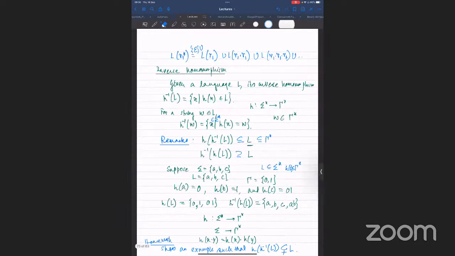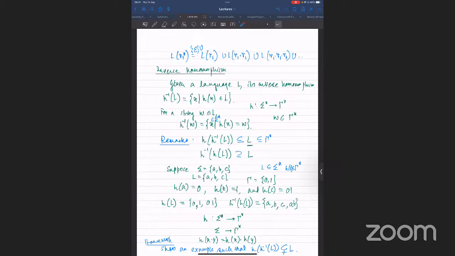Okay, it's here. We talked about a homomorphism H, and then we also talked about H inverse of H of L. It's a superset of L, and we gave an example here. And then we said also that if you consider H of H inverse of L, it can be a subset of L, right?